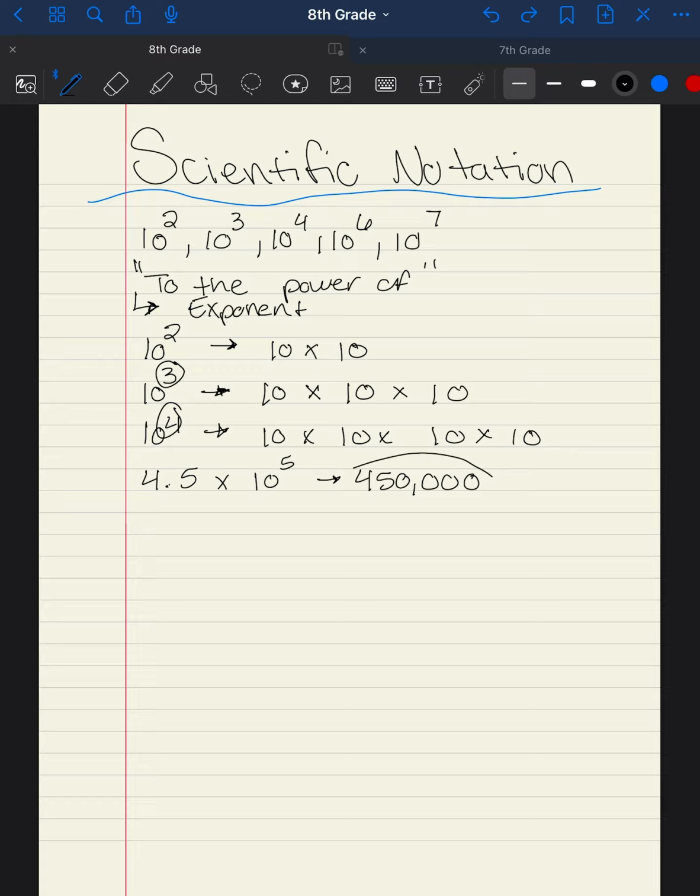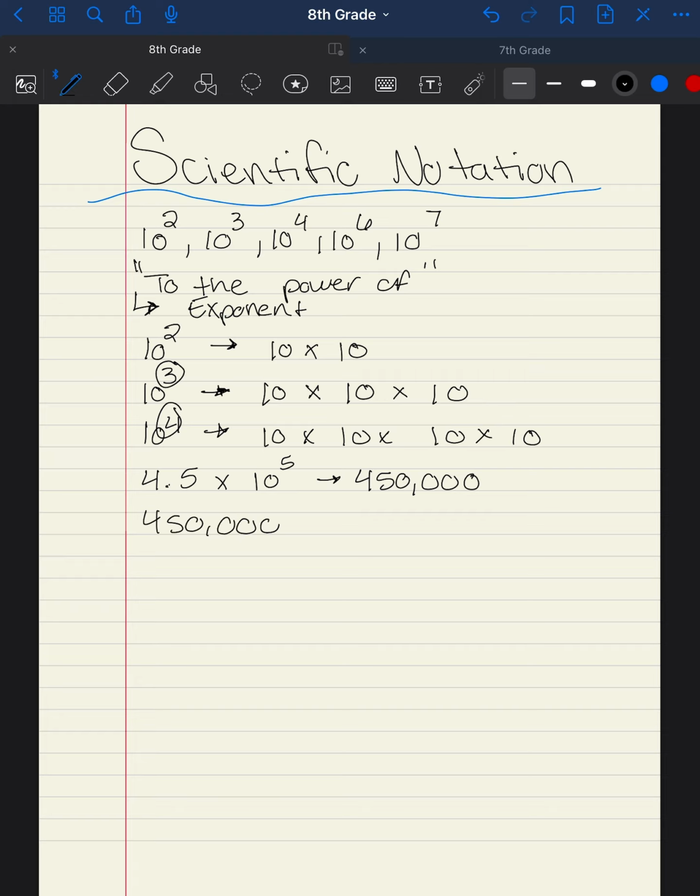Instead of reading 450,000, I'm going to read 4.5 times 10 to the 5th power. Now, I'm going to show you how they got from this to this, and backwards. So let's work from 450,000.